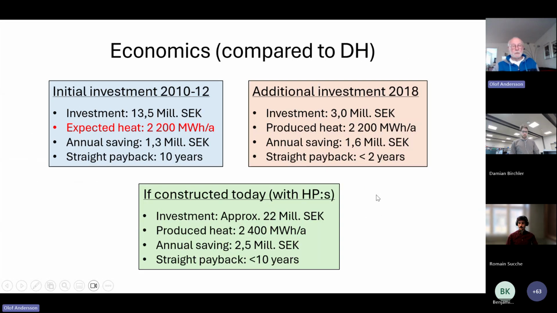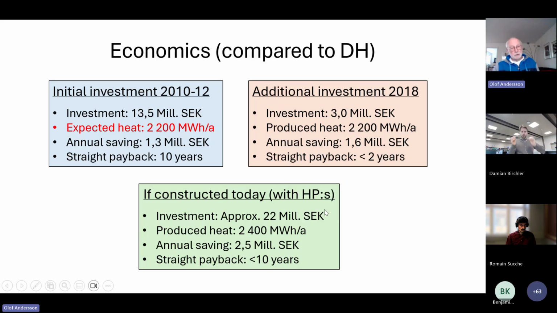Economics, well, we invested 13.5 million SEK. We expected 2.2 megawatt hours per year with a saving of 1.3, so that makes 10 years in payback. The additional investment was paid off quickly, less than 2 years.